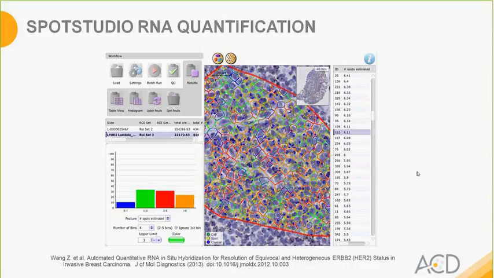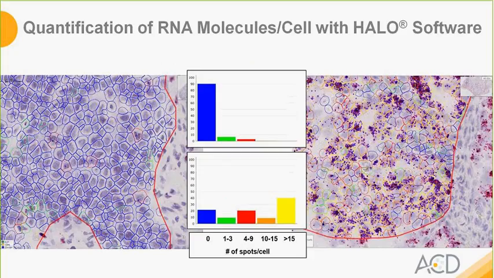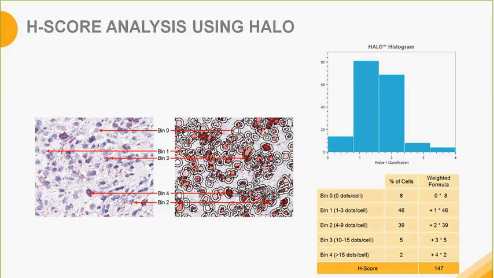The HALO software can perform highly similar analyses to those seen in the previous SPOTSTUDIO analysis on singleplex assays, but allows for more complex duplex analyses as well as H-scoring.